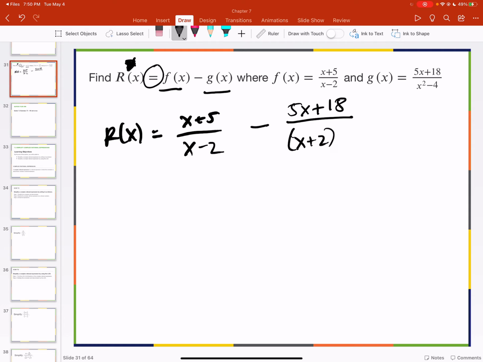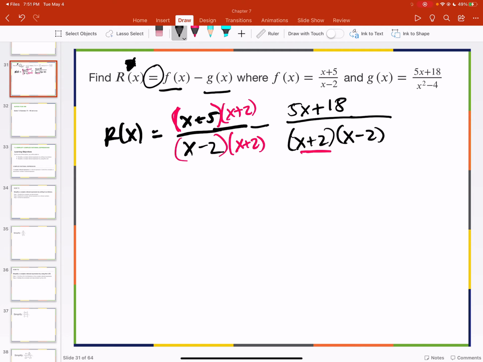I'm going to go ahead and factor that: (x plus 2)(x minus 2). That's a difference of squares there. So we can easily see what's missing from the first fraction. It's an x plus 2. Remember that you're multiplying the entire numerator and the entire denominator.